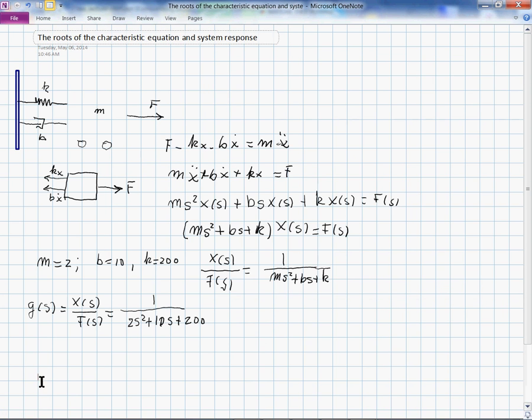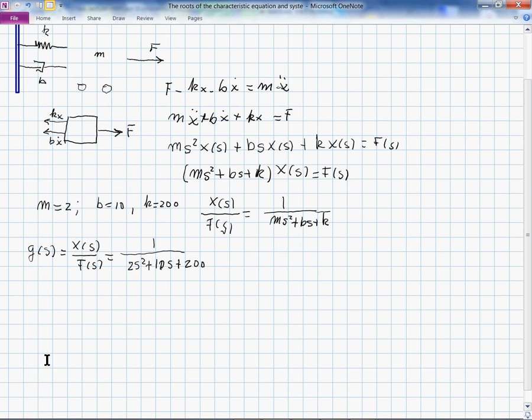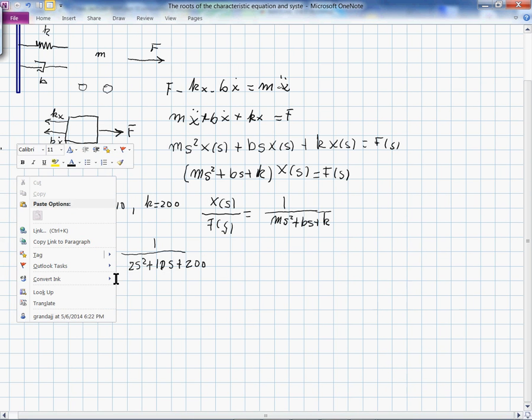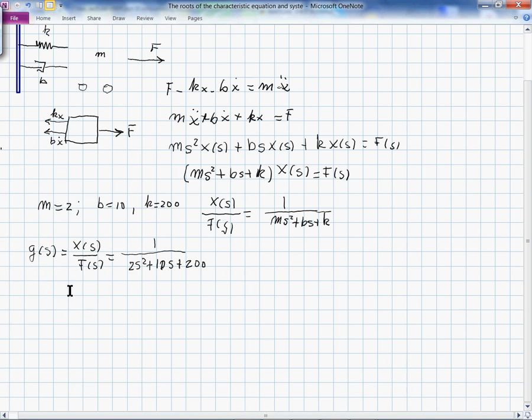Can we calculate the solution of this equation? We can do it with MATLAB, but also by hand. Just to illustrate my point, I am going to do it by hand first, and then we'll use MATLAB.